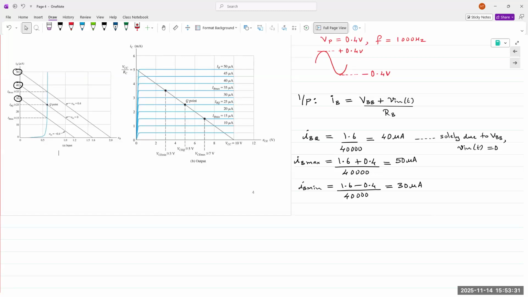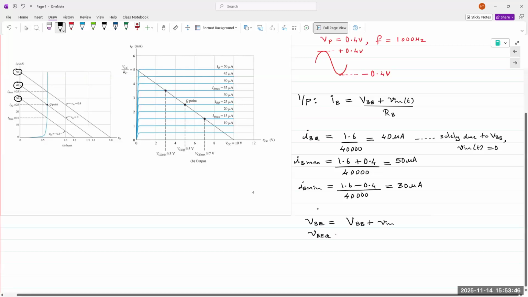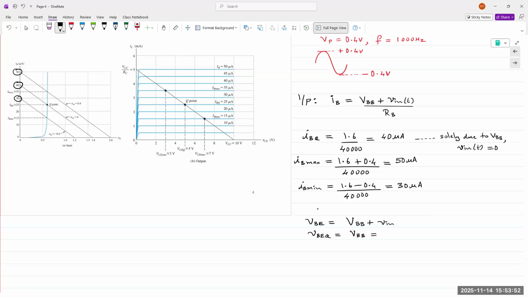All right, so let's find VBE. Since we found current IB, VBE is simply VBB plus Vin. So VBEQ is simply VBB, which means it is 1.6 volts.